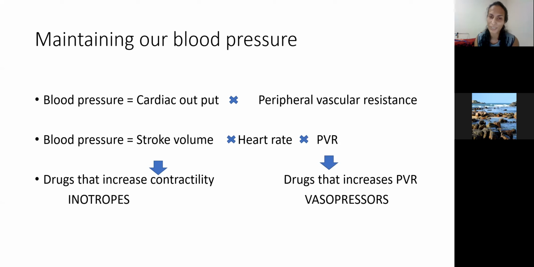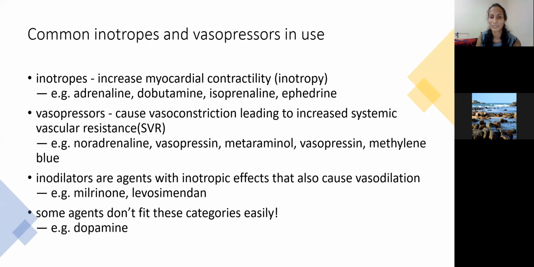But if it doesn't work, that means there is something wrong and the patient is in some other kind of shock, not just a hypovolemic shock. So in that kind of situation, you have to think about increasing stroke volume by using inotropes or increasing peripheral vascular resistance by using vasopressors.